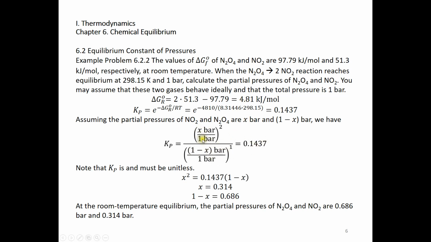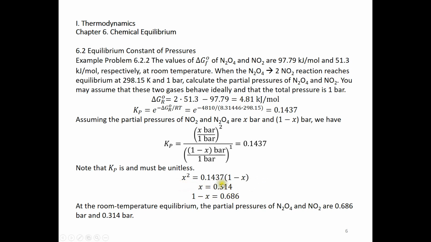When we look at this equation, we can simplify: bar and bar cancel, bar and bar cancel, and now we have a quadratic equation. x squared is equal to 0.1437 times 1 minus x. Well, this is simple enough to solve. x is going to be 0.314, and 1 minus x is going to be 0.686.